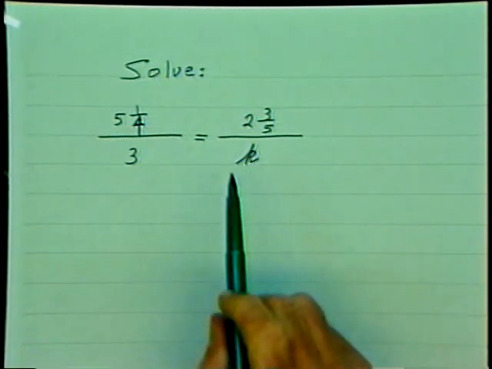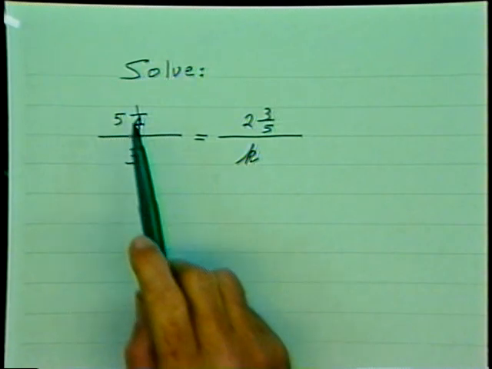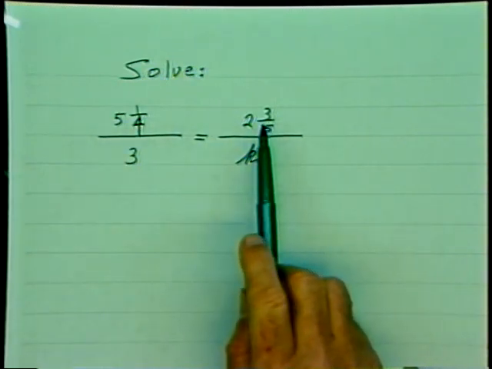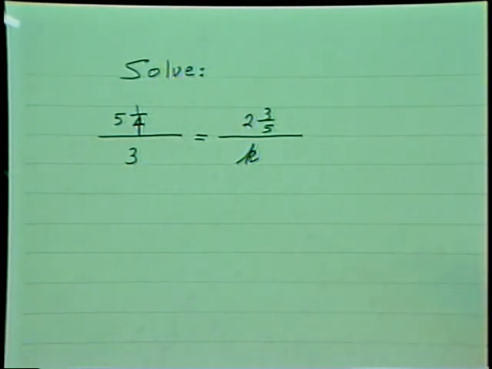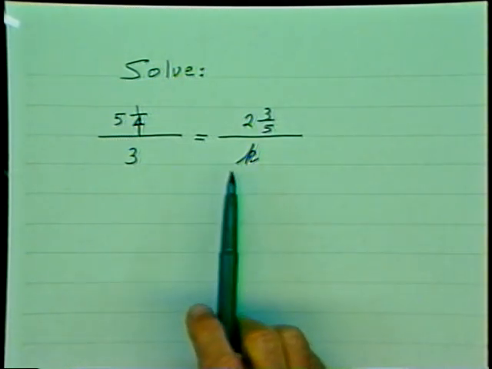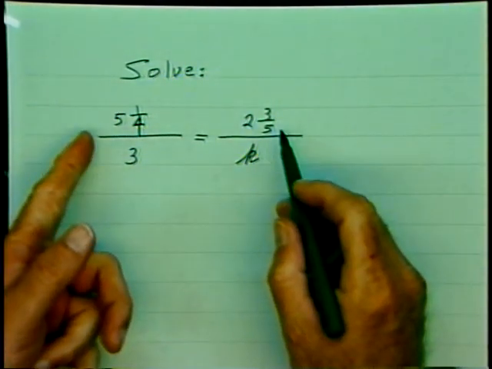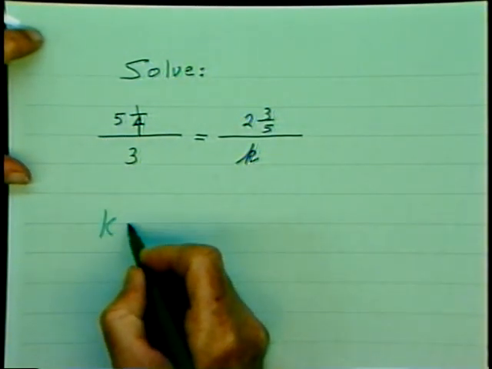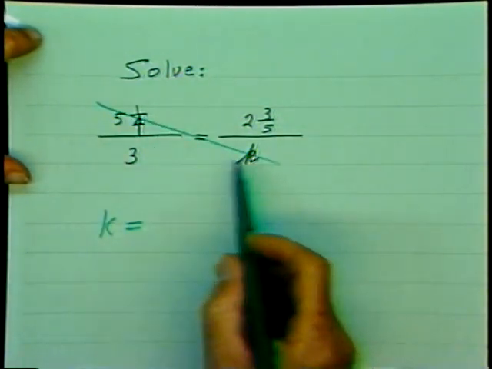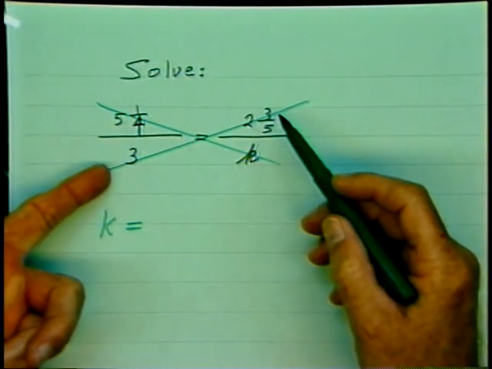However, we reminded you that there are times when you will work with fractions and you want to stay with fractions and not the calculator decimals. But we also pointed out you do exactly the same thing here as you would have done on the calculator, but you do it with fractions. So again, to solve for the k, we would scan for the two diagonals, find the diagonal without the variable.